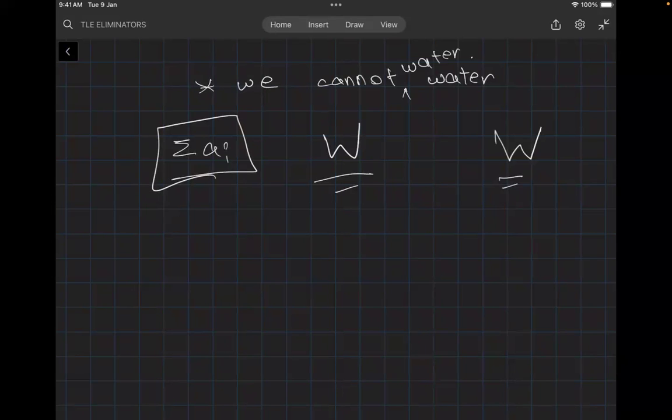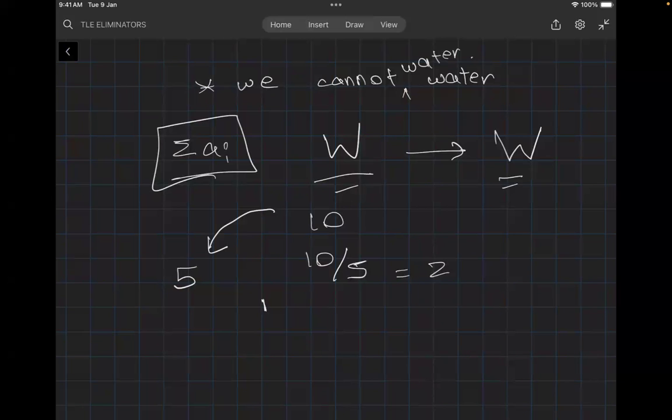Now if the water is constant, and you want to give equal water to each, like if there are 10 candies and there are 5 people, and you want to give an equal number of candies to each person, how many candies does each person get? It's 10 divided by 5, right? So that's 2. Can you give one candy to each person and then call it a day? You have to utilize the entire candy bag. Does it make sense?